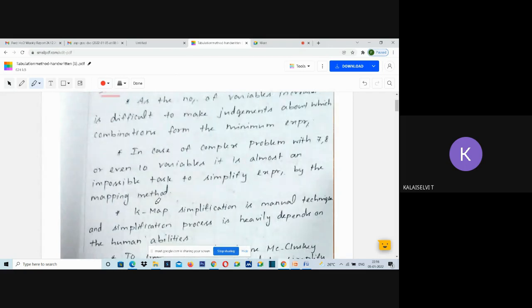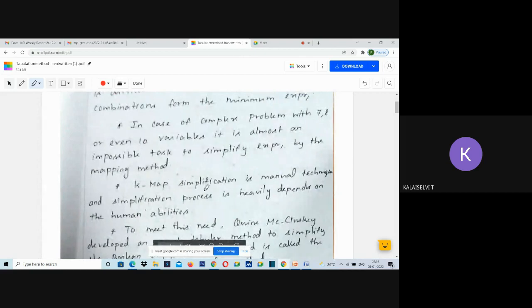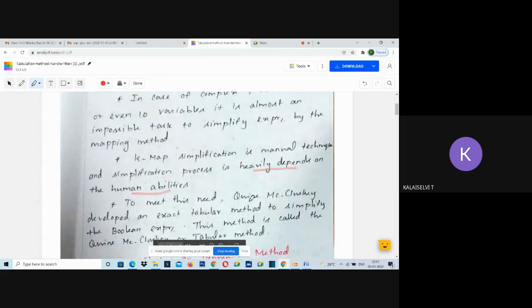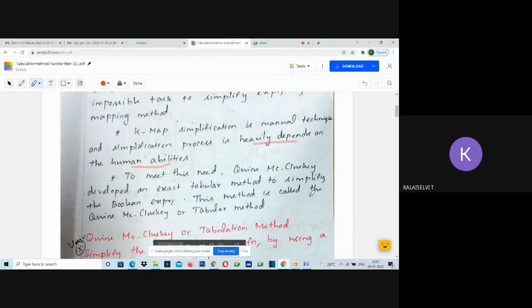K-map simplification is a manual technique, and the process heavily depends on human abilities. It takes a lot of time. To meet this need, Quine-McCluskey developed an exact tabular method to simplify the Boolean expression. This method is called the Quine-McCluskey or tabular method.